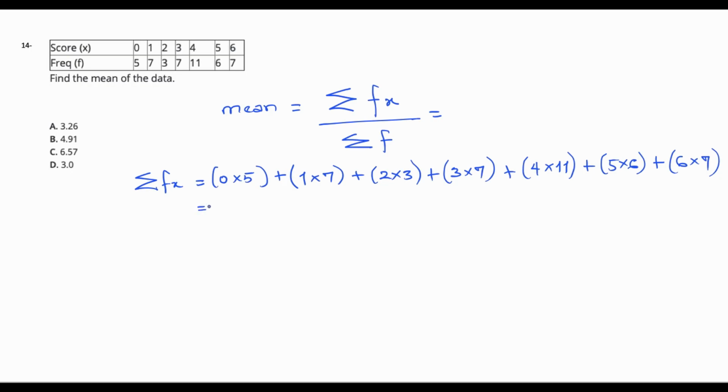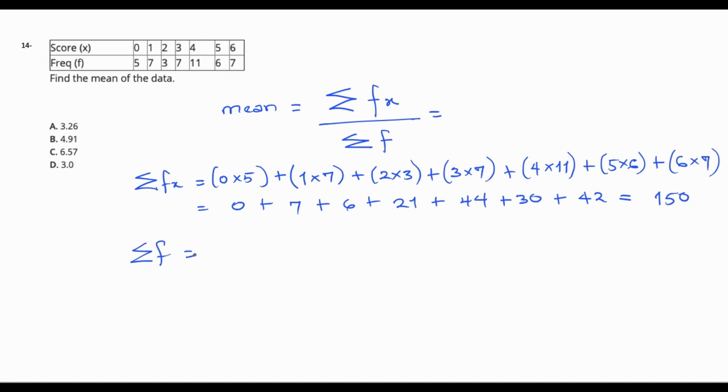So this is going to be equal to 0 plus 7 plus 2 times 3 is 6 plus 3 times 7, 21 plus 44 plus 30 plus 42. And if we add all that together, we're going to get 150.